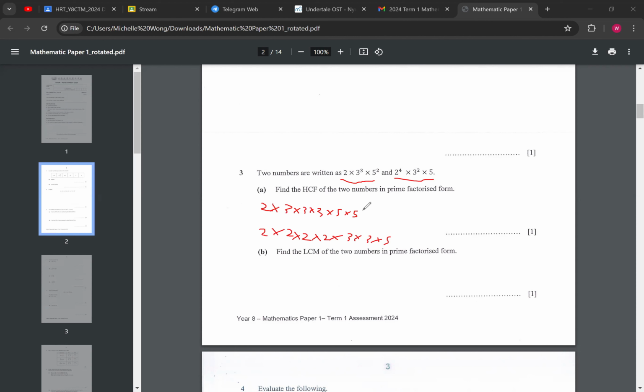So after you get both of the numbers, if you're wondering how I know how many threes are there, it's because of the power. 3 to the power of 3 means there are 3 threes inside the equation. So now you take all the similar numbers and you put it down here.